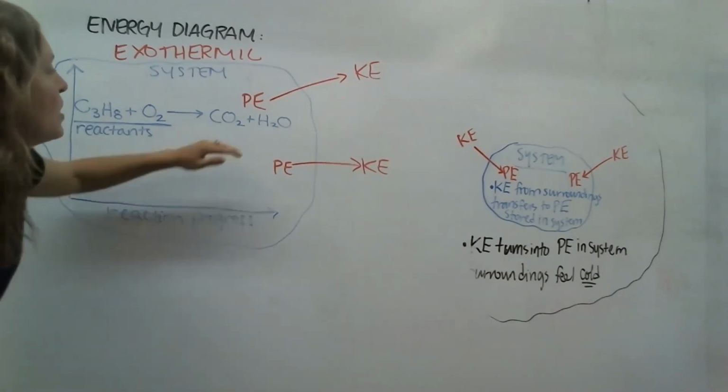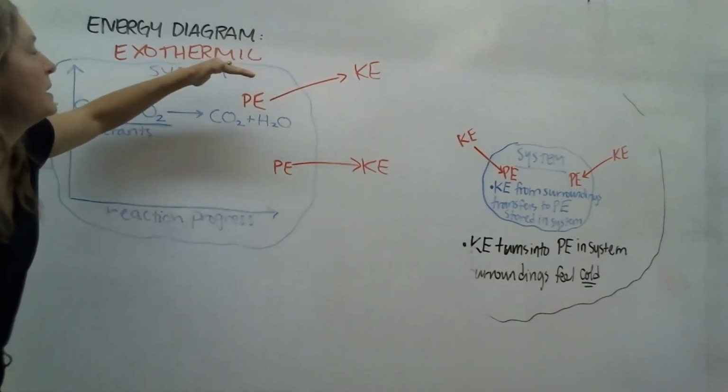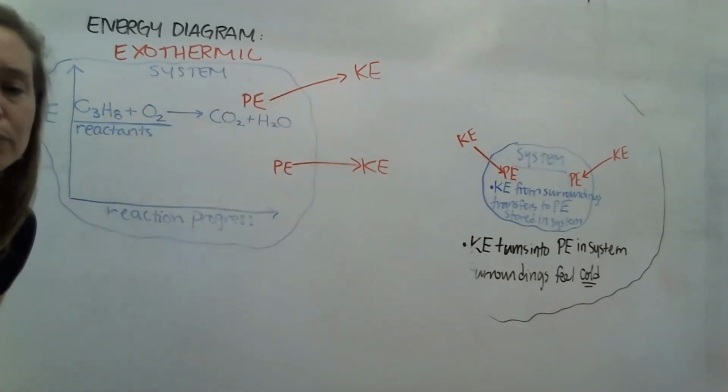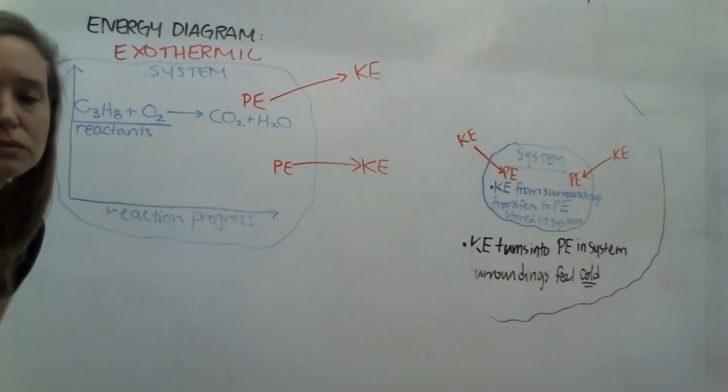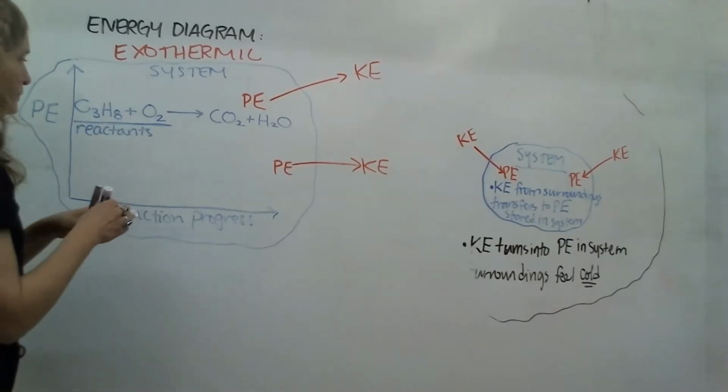Will the energy of the products be lower because potential energy went out, or will it be higher? Yeah, good. I'm seeing a lot of lower, and it's true.